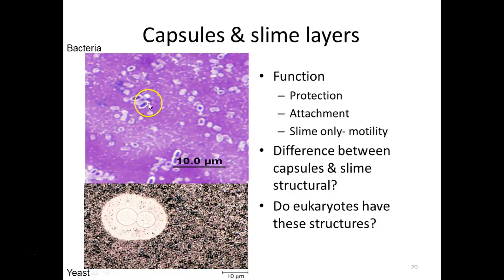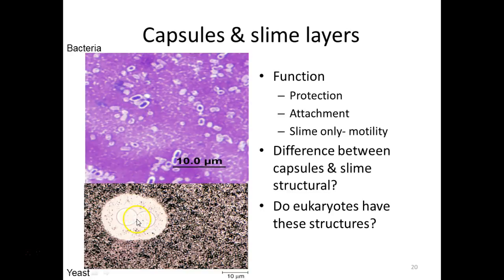So they appear as clear halos around the outside of the cell, because it's its outermost covering if it has it. So this is outside the cell wall, outside the cell membrane. What can you say about that layer? It's pretty uniform, huh? The thickness is pretty much the same all the way around.